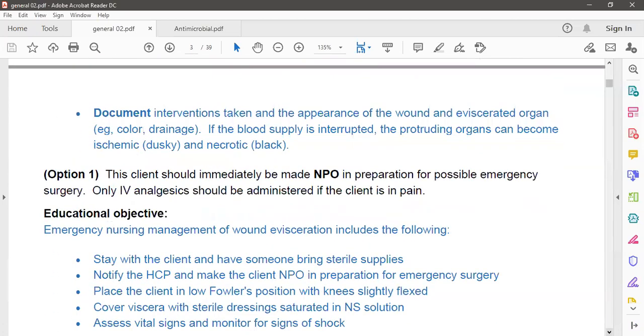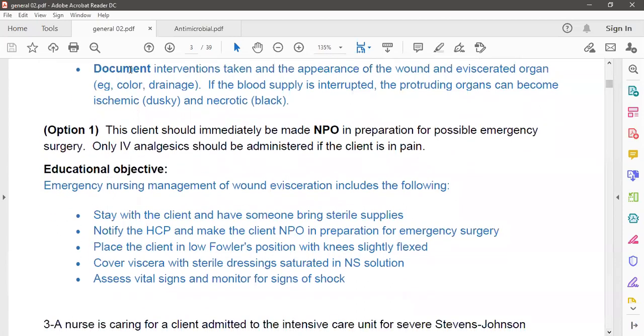Whatever we do, we always keep documentation. For documentation, note the appearance of the wound and also the eviscerated organ, like the color and drainage. A healthy organ should be red, but if there is ischemic change, the color will change. If the blood supply is interrupted, the protruding organ can become ischemic and develop blackening, and this is called necrotic.